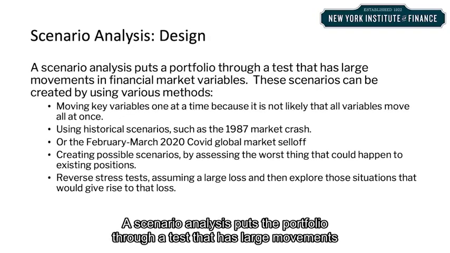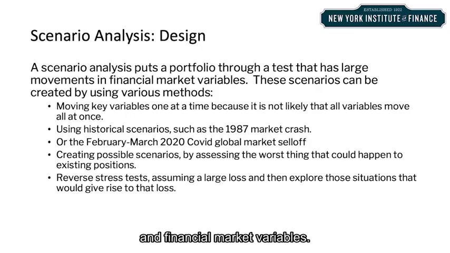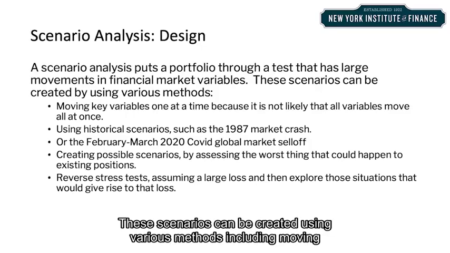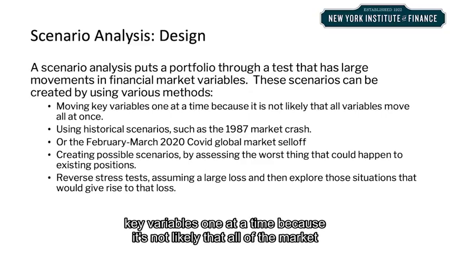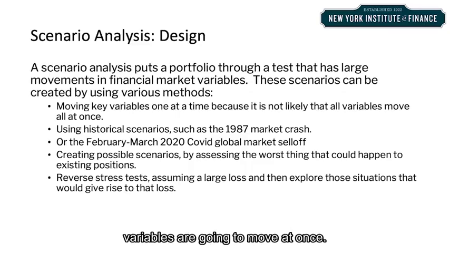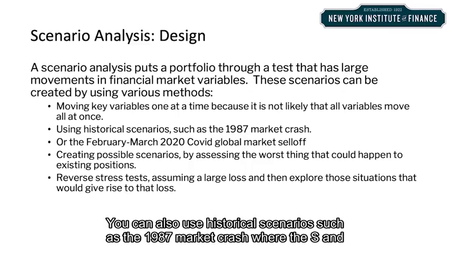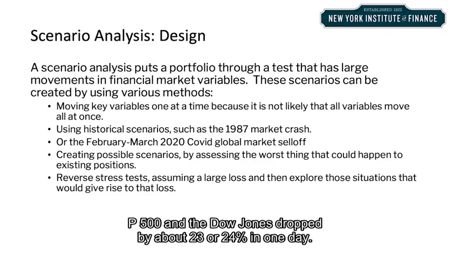A scenario analysis puts a portfolio through a test that has large movements in financial market variables. These scenarios can be created using various methods, including moving key variables one at a time, because it's not likely that all of the market variables are going to move at once. You can also use historical scenarios such as the 1987 market crash, where the S&P 500 and the Dow Jones dropped by about 23 or 24% in one day.